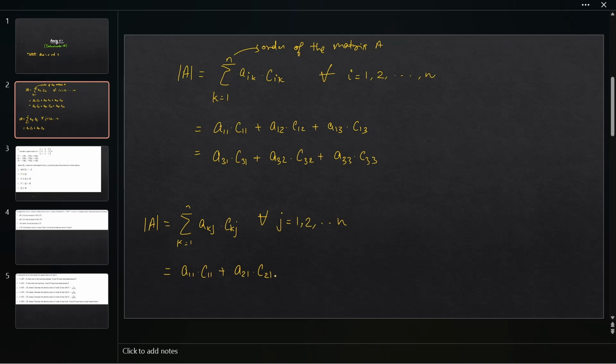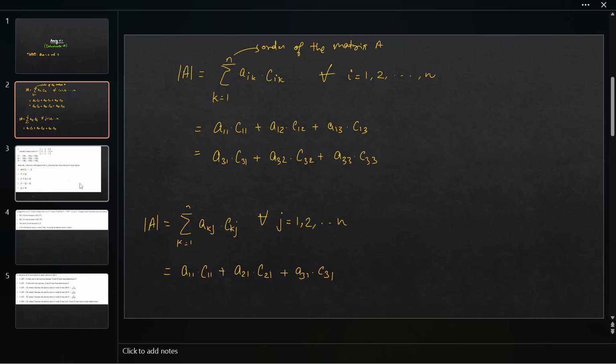Here you can observe that j is fixed, and we have fixed j as 1, plus A31 times C31. So this is expansion along the column and that was expansion along the rows. In all of the cases, the value that we will get is going to be the same and that value will be equal to the determinant of A.